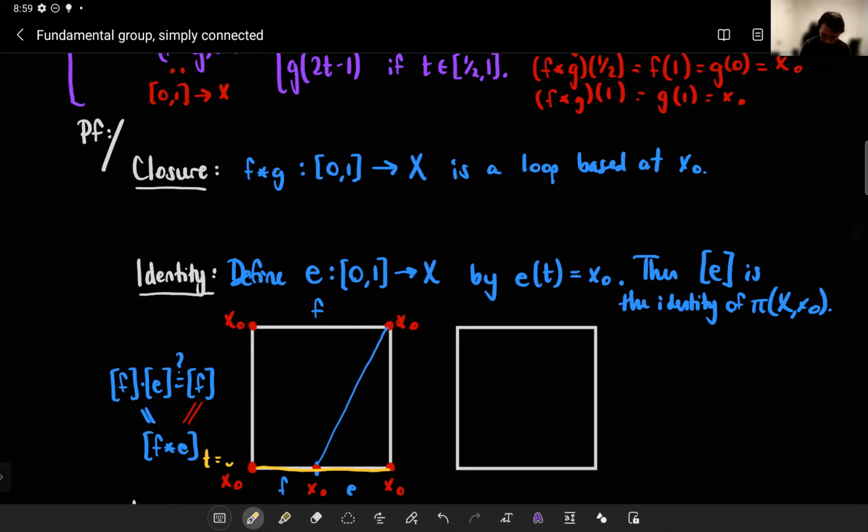So this is like t equals 0 level. At time t equals 1, hopefully I've made it all the way to the function F. Okay, and then I'm just the path F looping from x0 to itself. Anywhere in between, say t equals 1/2, this is what my map is. Well, it says this is F, this is E. Okay, and what's actually happening here?